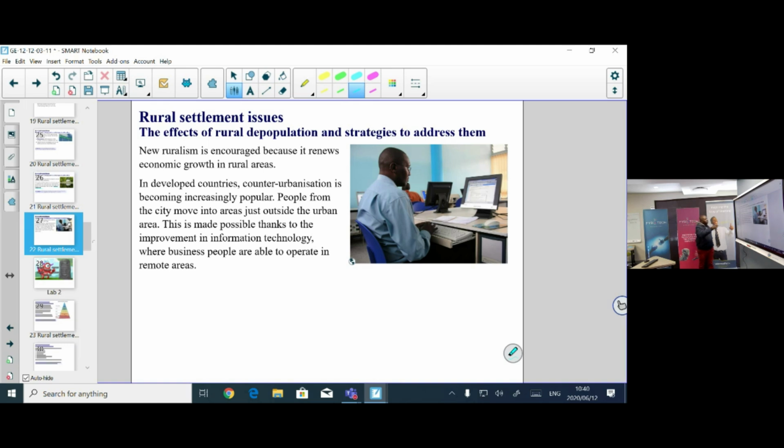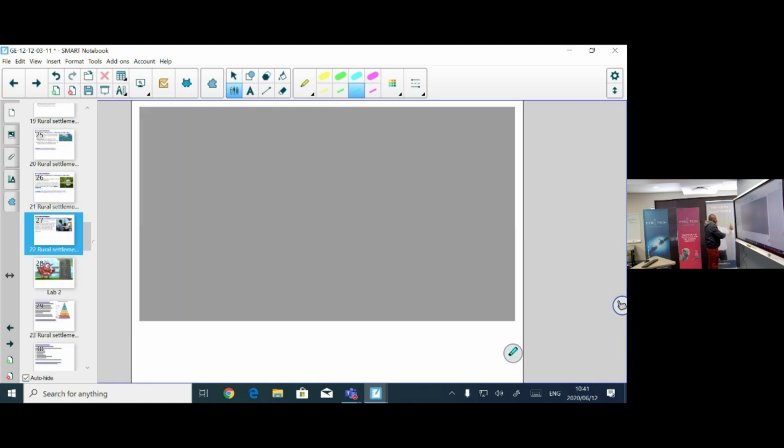Because of this new ruralism, people can actually go and stay in their rural areas while positively contributing to their places of employment online. So this is also very important to understand.